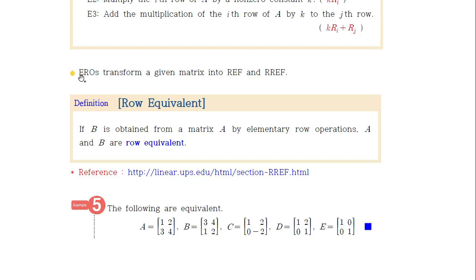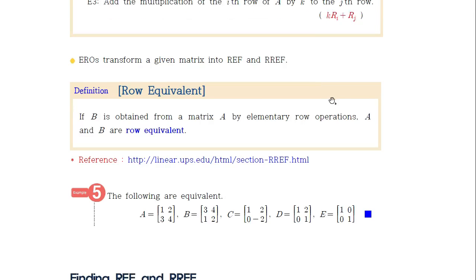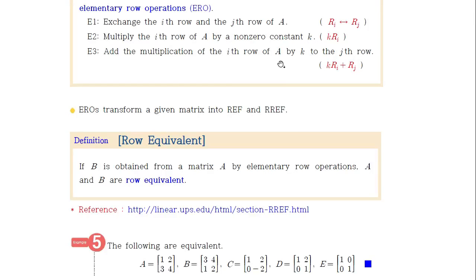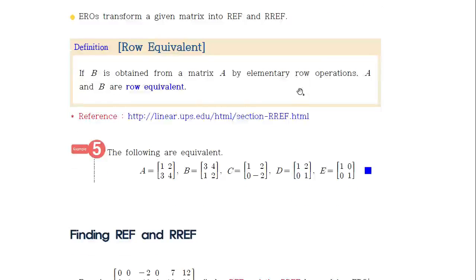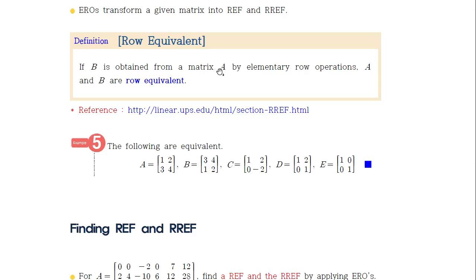If you use these elementary row operations, then a given matrix turns into a form in REF and RREF. You can simplify the given augmented matrix into REF or RREF by using only these elementary row operations. If B is obtained from a matrix A by elementary row operations, then A and B are row equivalent.